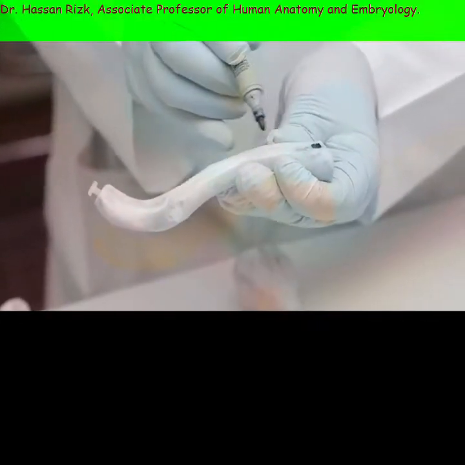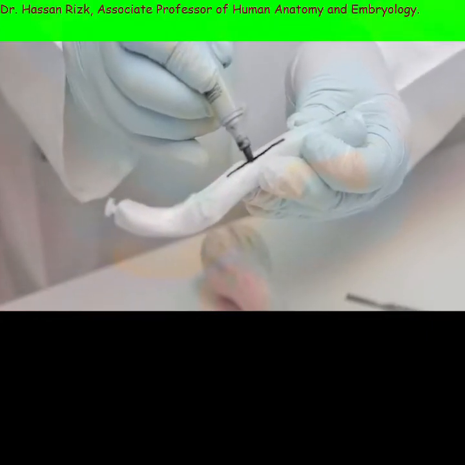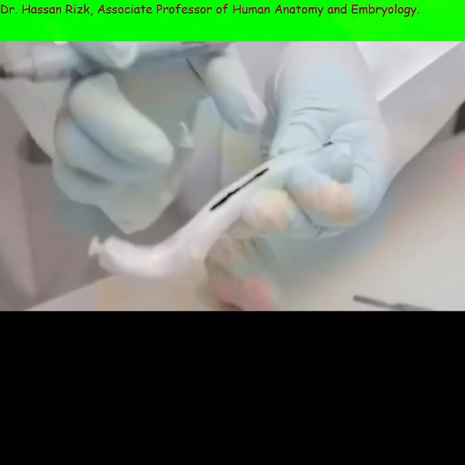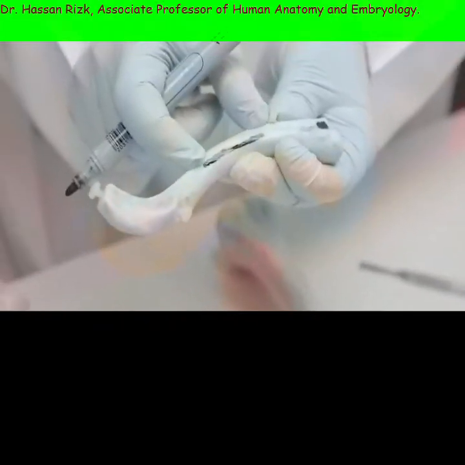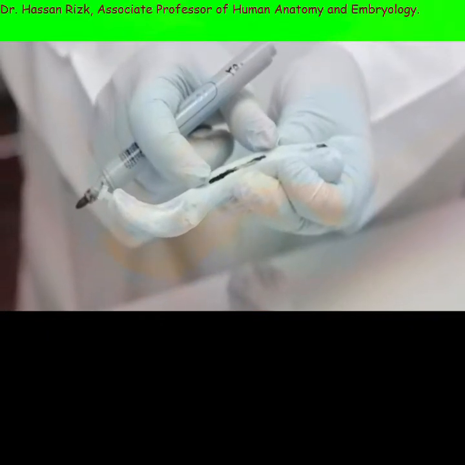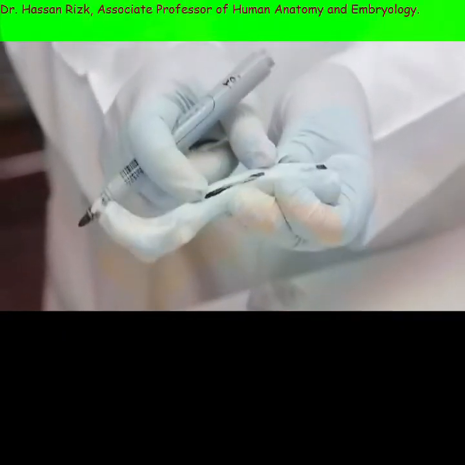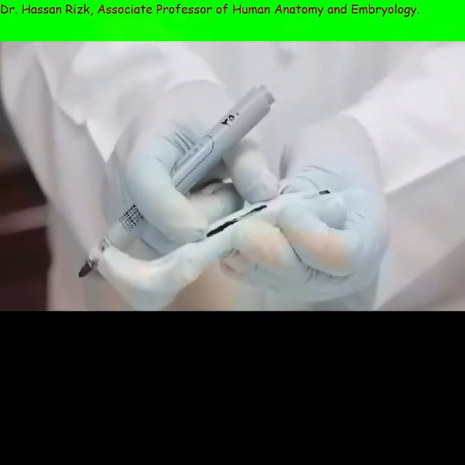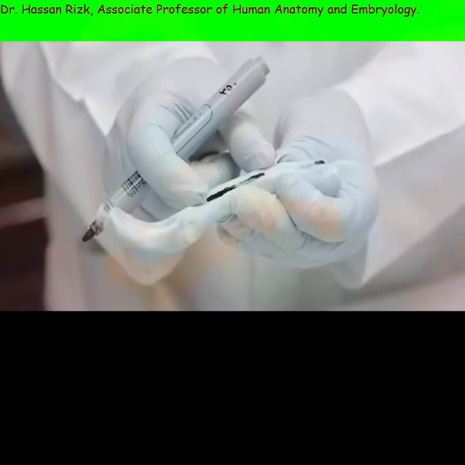Then when we proceed laterally, we are faced by a groove. This groove lies in the middle third of the inferior surface of the clavicle. It is known as the groove for subclavius, because a muscle attached to this part of the clavicle is known as the subclavius muscle.